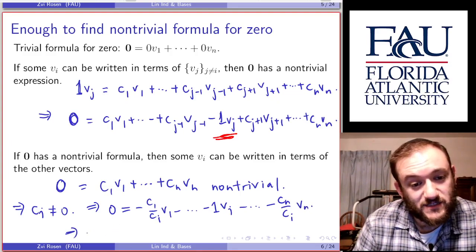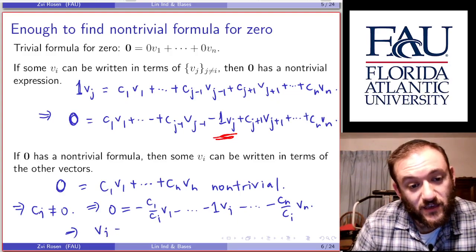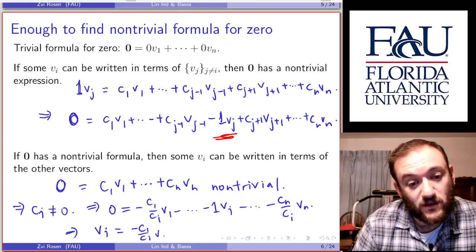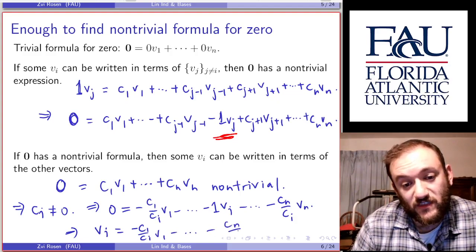And that gives us, by adding vi to both sides, vi equals minus c1 over ci v1, etc., combined with everything that's left on the other side of the equation.